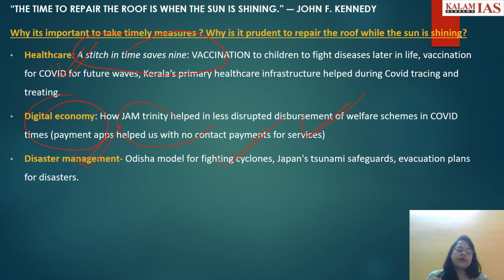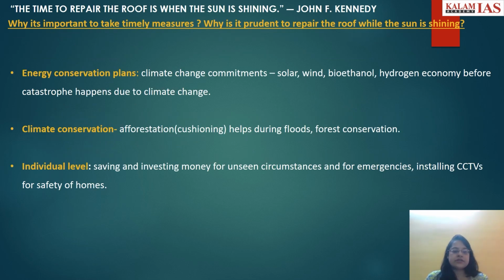Proactive evacuation plans can help in saving lives during big disasters. Then we can talk of energy conservation plans. We can talk of India's climate change commitments towards solar, wind, nuclear before any catastrophe happens due to climate change. Here we can talk of the importance of cushioning through afforestation during floods, forest conservation.